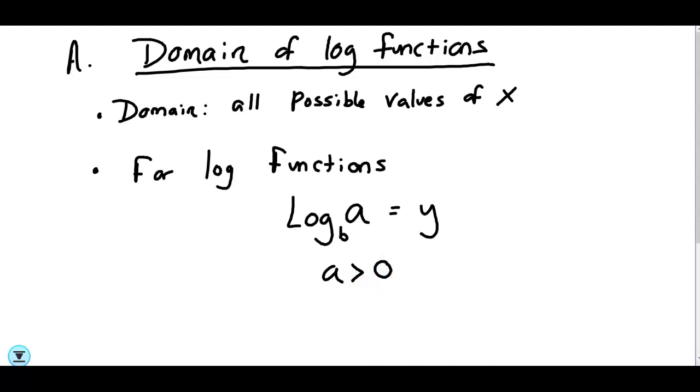That's something that we've talked about before with log functions. The part that comes after the base, the a value there, has to be a positive number. It can't be 0 and it can't be negative. And that's usually where the x is going to be located, so that's going to help us find our domain.